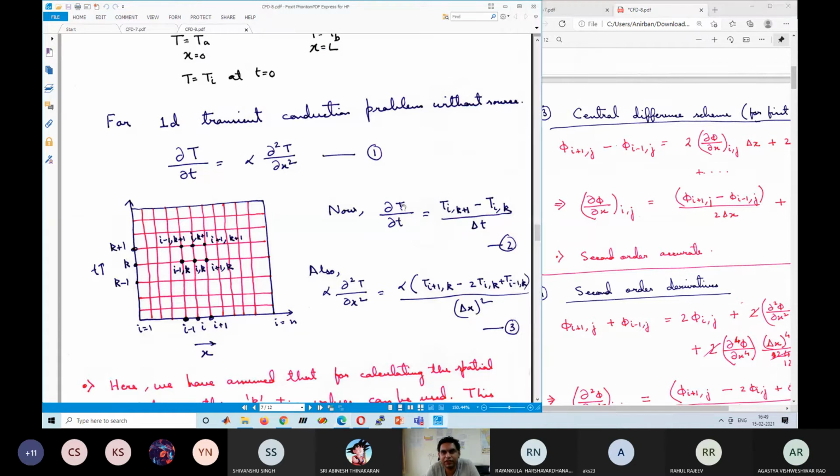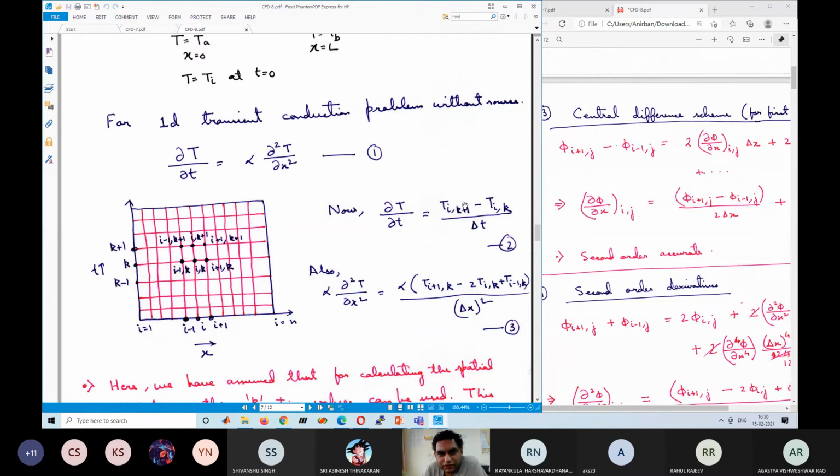Same thing here. Instead of phi we now have T, and instead of x we have small t. So del T is equal to T i, k plus 1, because the index is k plus 1 here, next to the k index. Sorry, I have done here a forward difference, not a central difference.